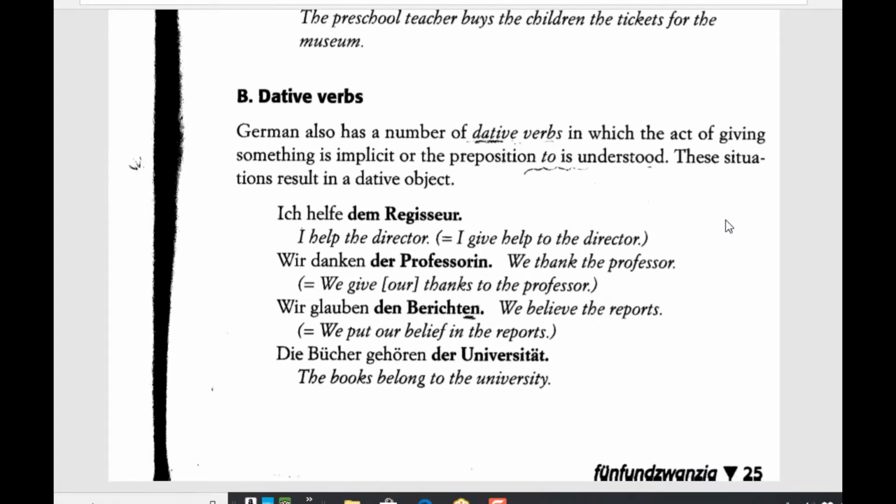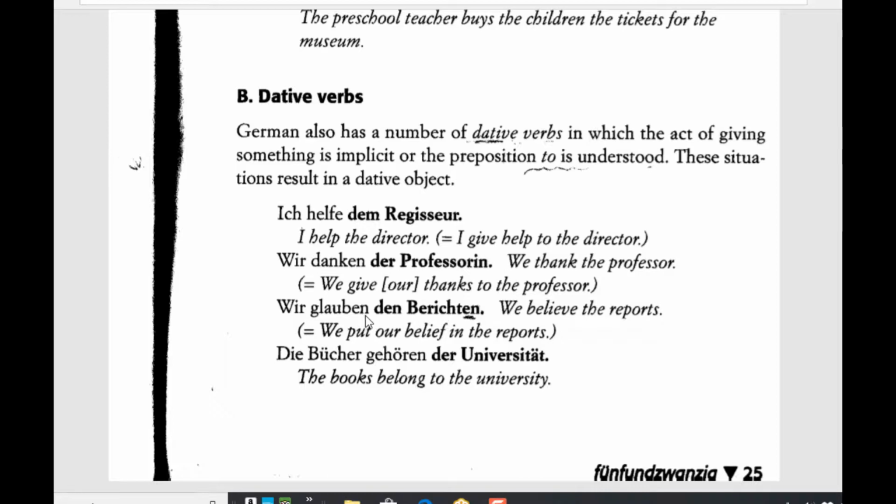Absolutely. Okay. Now, there's some verbs that always take the dative. For example, helfen, very much like English. Danken, also like English, we thank. So ich helfe dem Regisseur. Instead of having an accusative here, it always has the dative. And it's also termed in other textbooks as like the dative object. We believe in the reports.